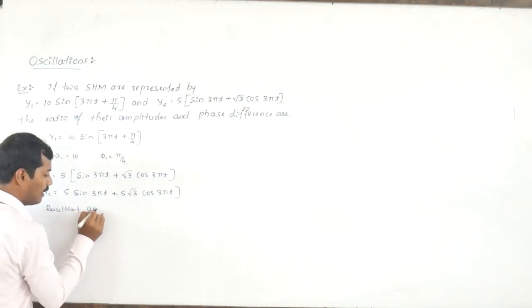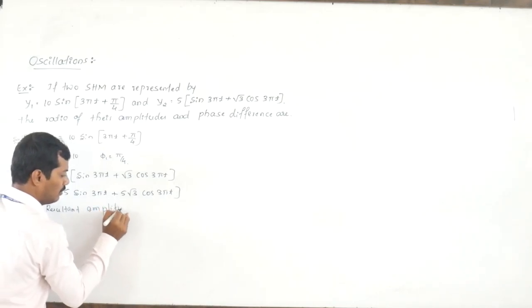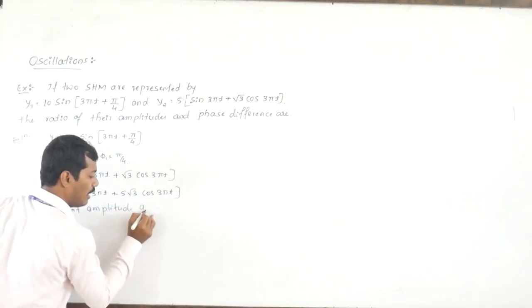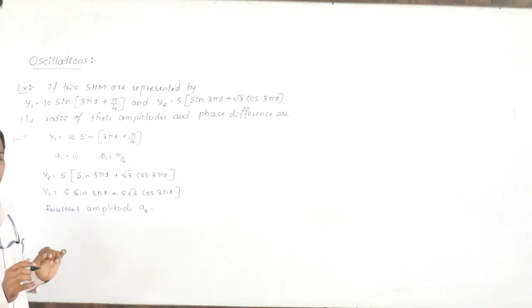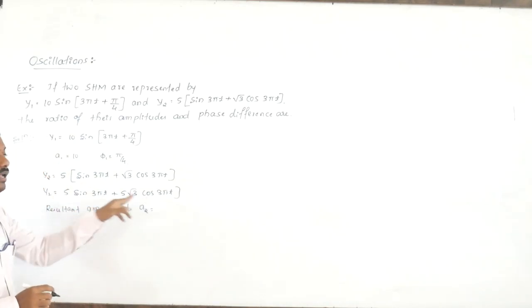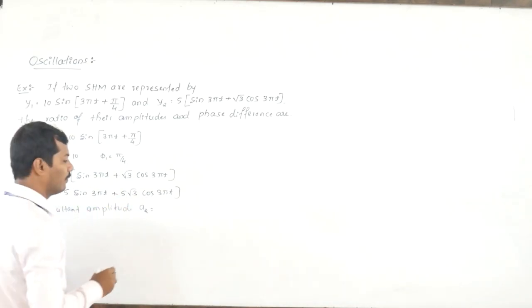Call the resultant amplitude A2, because here we have A1.